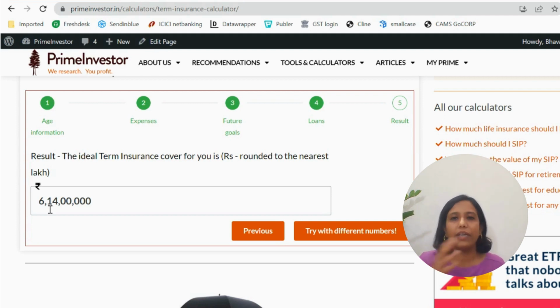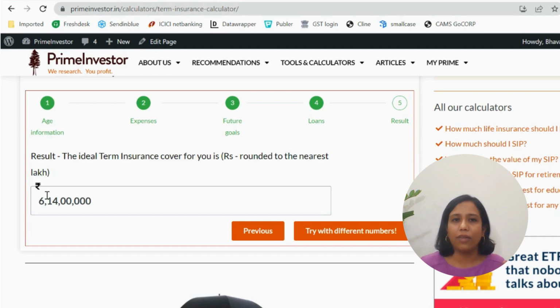So by doing this very specific calculation, you ensure that you are not underinsured or overinsured. Like, suppose this amount was only, say, 2 crore and you took a 5 crore policy, you would needlessly be paying higher premiums. Instead, that money could have been invested and used somewhere else, right? So don't go by general assumptions. This is a very specific situation only for you, and this is very easily doable.